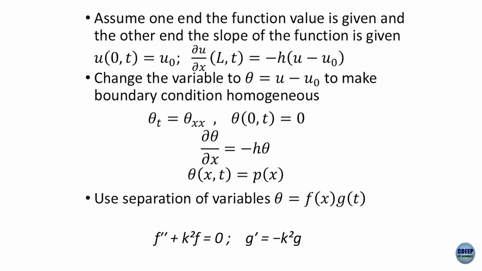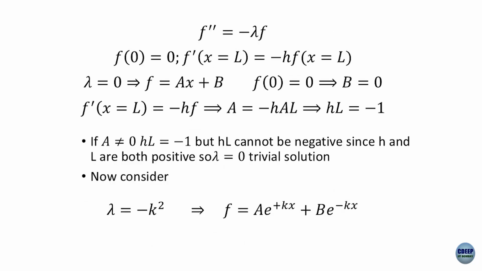So it's a linear differential equation with homogeneous boundary conditions, and we use the same methodology, which is to say that theta is going to be a product of f and g, f is a function of x only, g is a function of t only, and we did a little bit of algebra, and this time we argued that the value of lambda, which can be either 0 or positive or negative, can be approached by looking at the x equation.